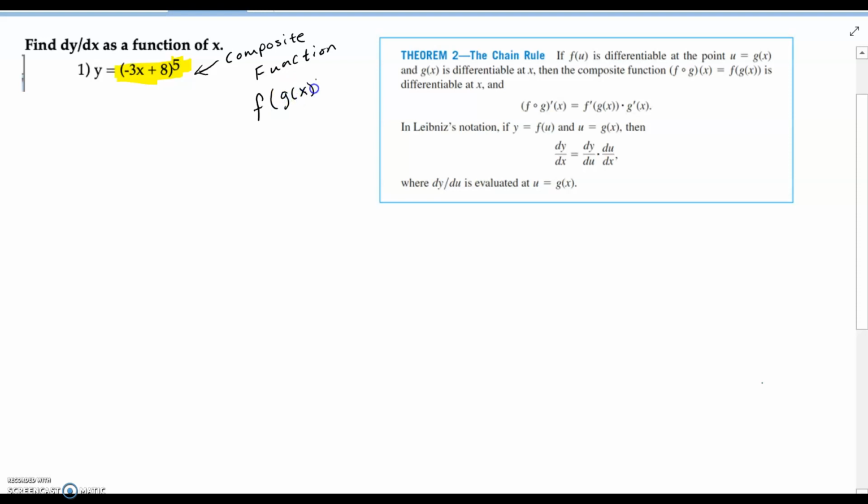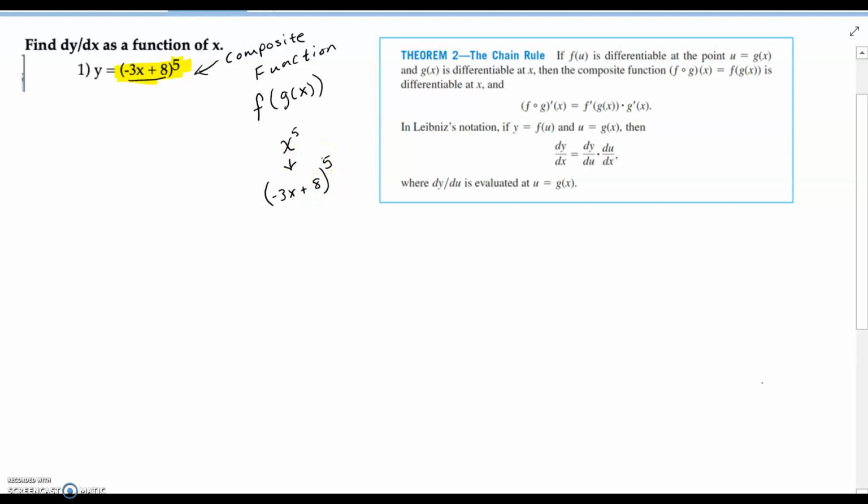You've been dealing with this probably since Algebra 1. What we're going to look at here is that negative 3x plus 8 lives inside of this function that's to the fifth power. Normally, suppose we have x to the fifth power. Well, instead of writing x, we're going to write negative 3x plus 8 all to the fifth power. There is the composite function.